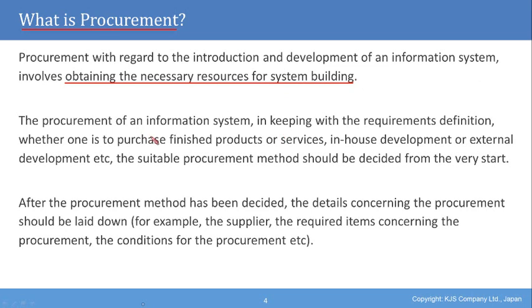The procurement of an information system, in keeping with the requirements definition, whether one is to purchase finished products or services, in-house development or external development, etc., the suitable procurement method should be decided from the very start. And after the procurement method has been decided, the details concerning the procurement should be laid down. For example, the supplier, the required items concerning the procurement, the conditions for the procurement, etc.